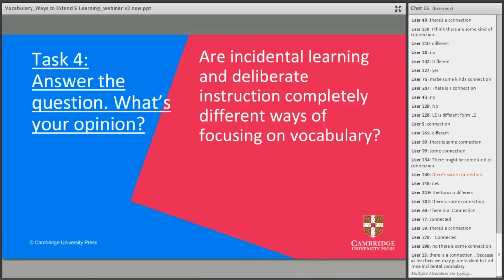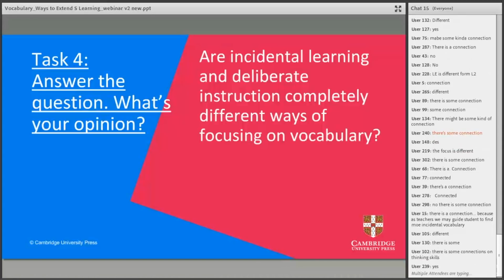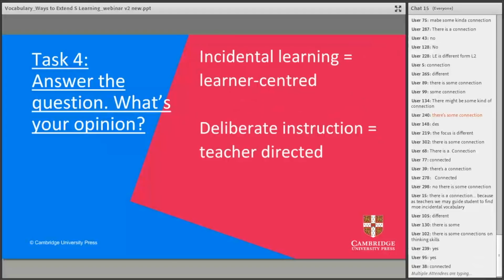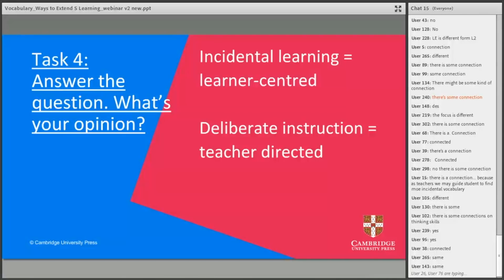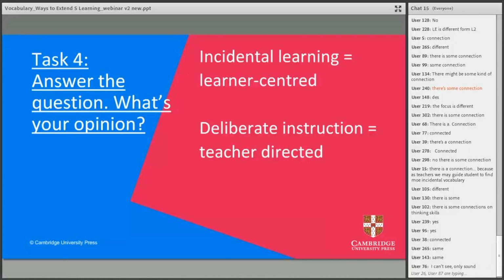Obviously this is not a trick question, but I think both the yeses and the nos are right, and this is why I think so. I think that one difference that we can note here is that incidental learning is more learner-centered. So it's often when students are reading or listening or hearing words and noticing in some way.